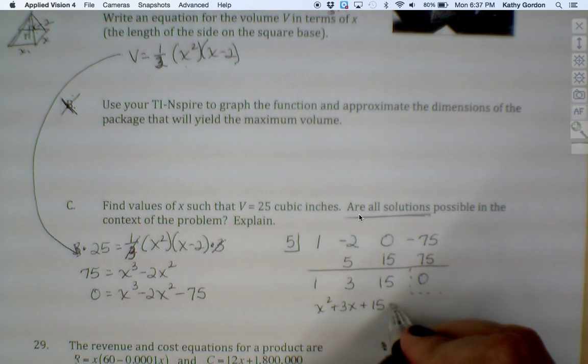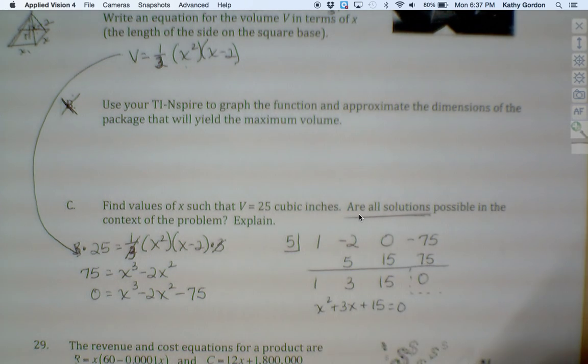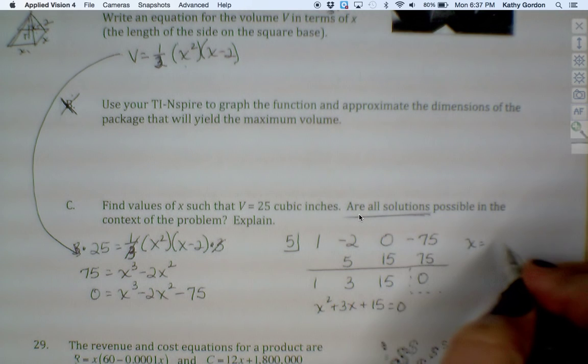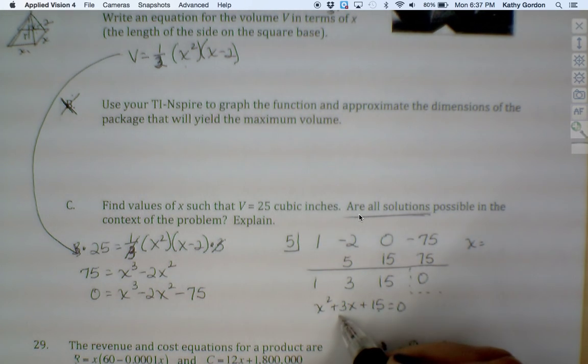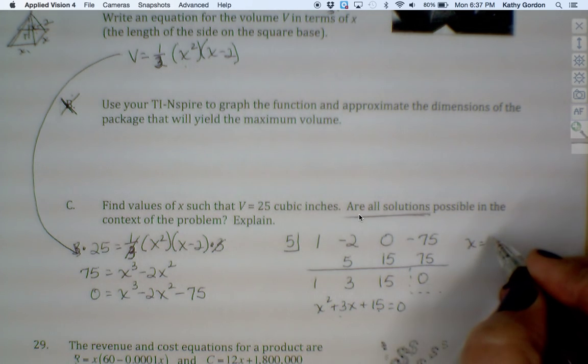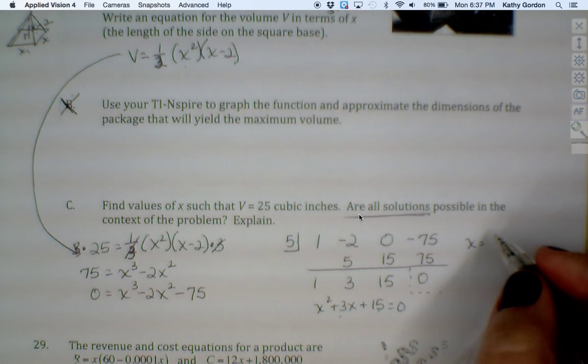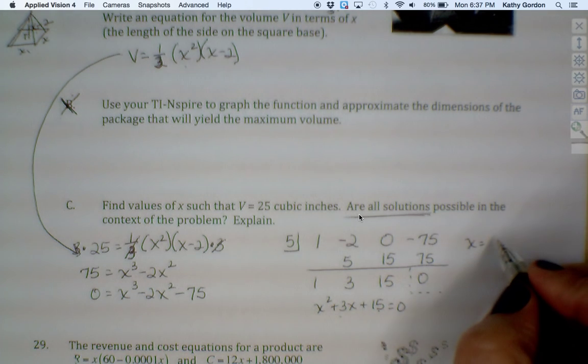Now if we take this and try to solve it, since there are no factors of 15 that are going to add up to 3, I'm going to try the quadratic formula and see what kind of answers I get.